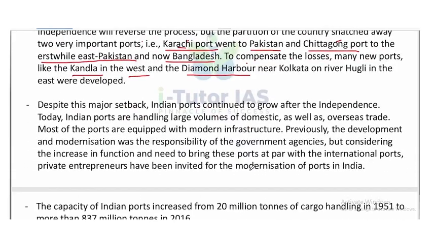Despite this major setback, Indian ports continued to grow after independence. Today, Indian ports handle large volumes of domestic as well as overseas trade, and most are equipped with modern infrastructure.